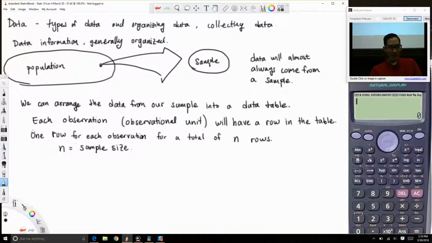You'll love it. So one row for each observation for a total of n rows.